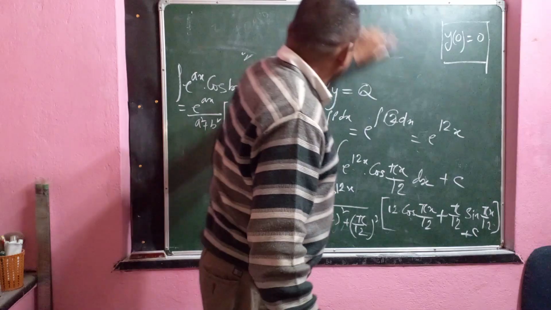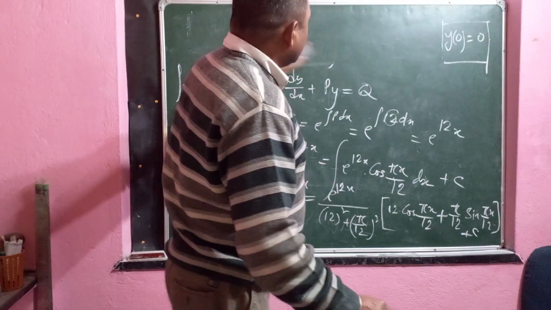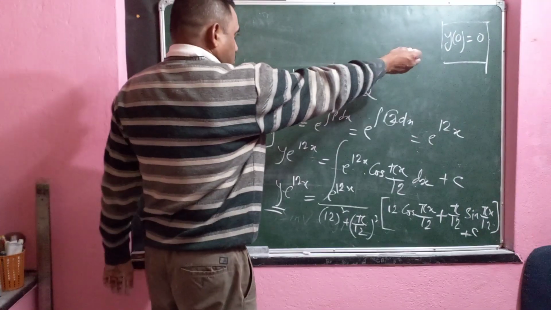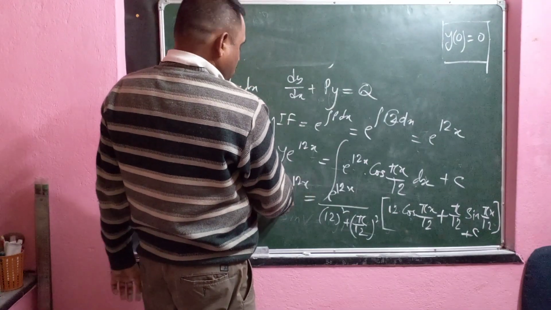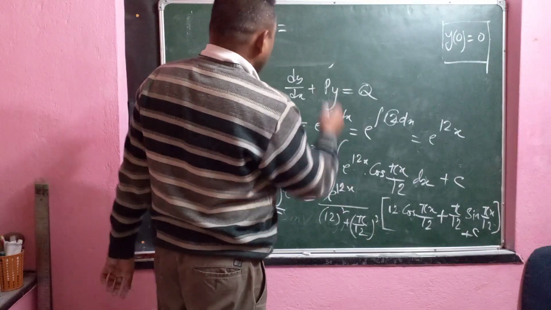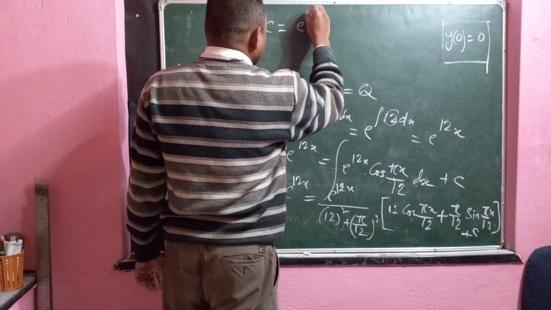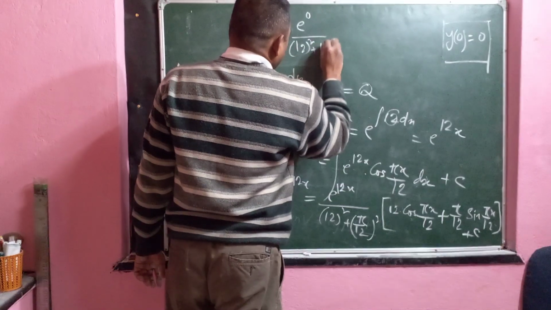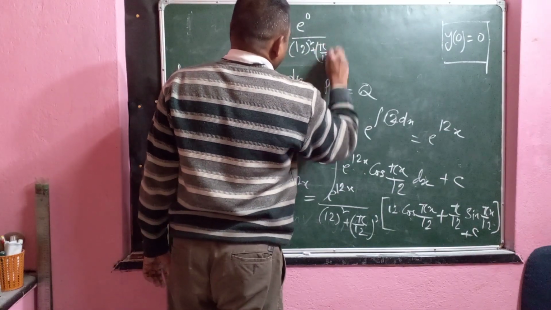Let's see. Now using the initial value, we'll calculate the c here. So substitute 0 here, y is 0. So that is c is equal to this one, e to the power 0 over 12 square plus pi by 12 whole square.